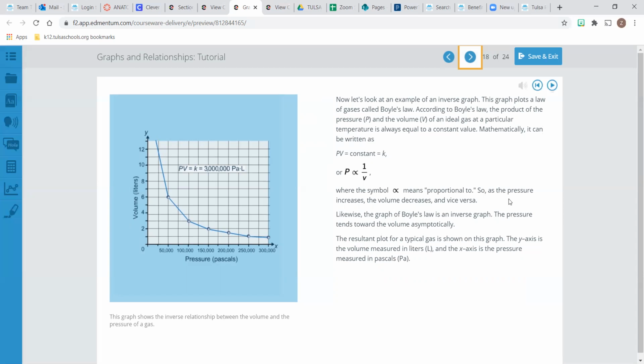So as pressure increases, the volume decreases, and the other way around. So that means the relationship is inverse. As pressure increases, volume decreases. As pressure decreases, volume increases. Okay?